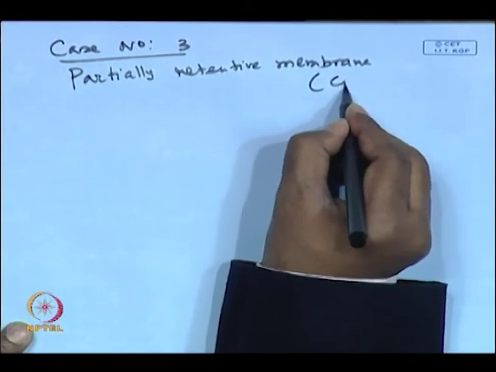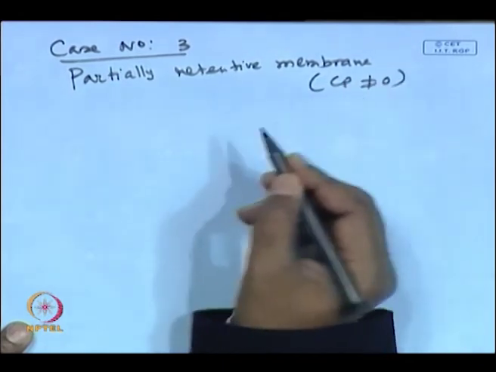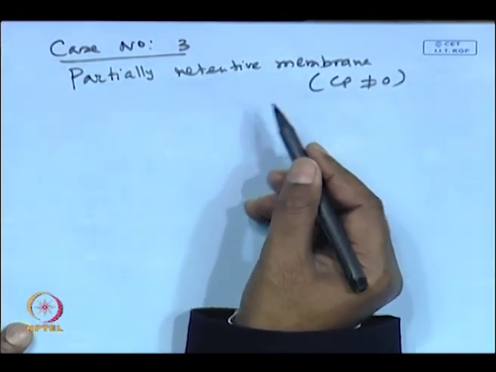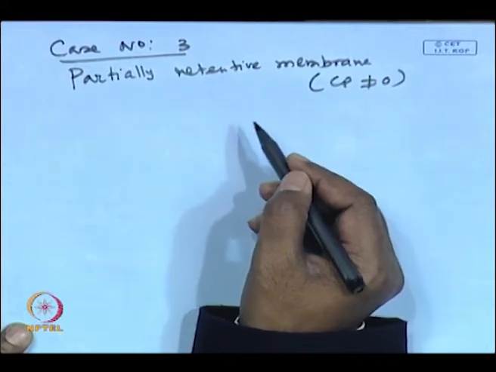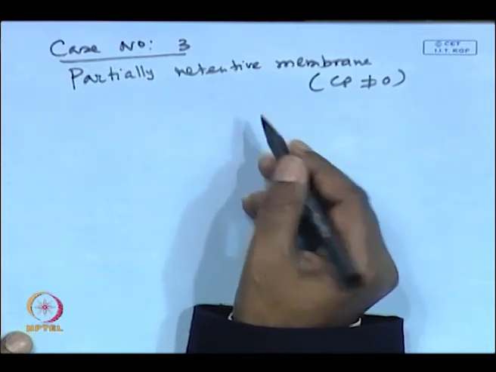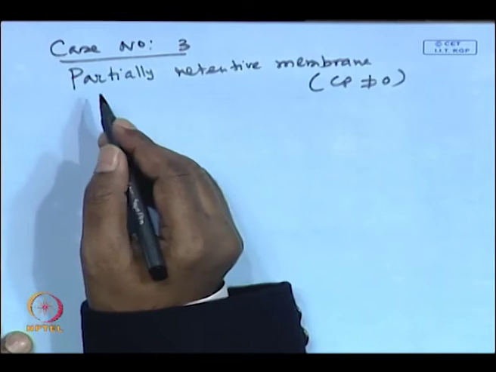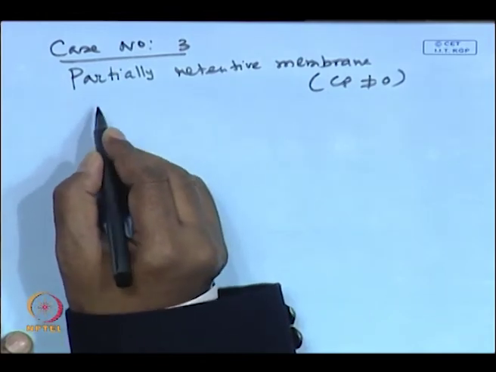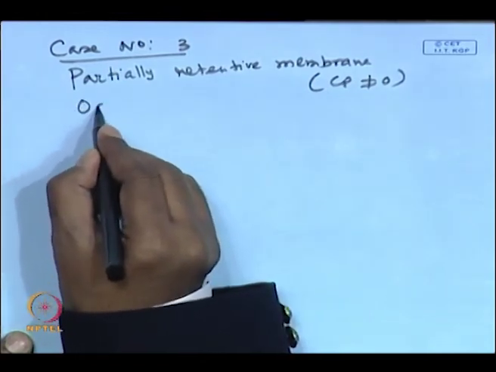That means Cp is not equal to 0. That is a very realistic case, right? Some amount of solute will be retained by the membrane, some amount is not. Partially retentive membrane, and the osmotic pressure is not negligible.